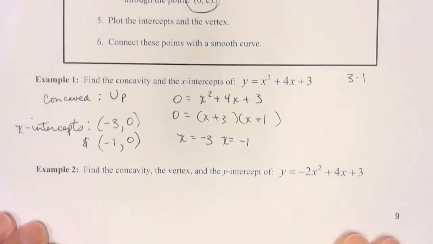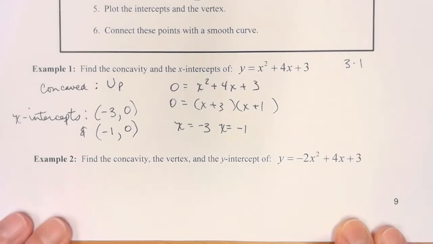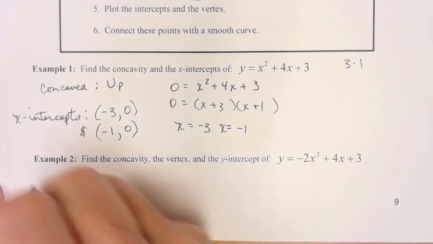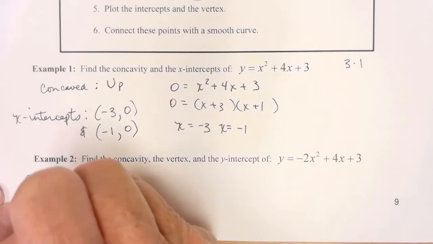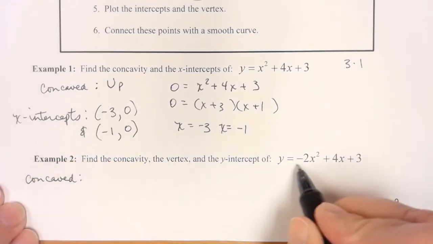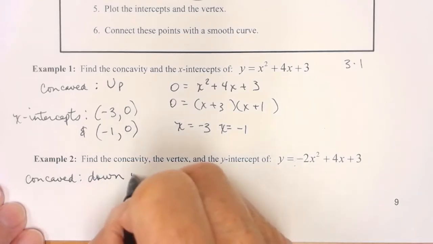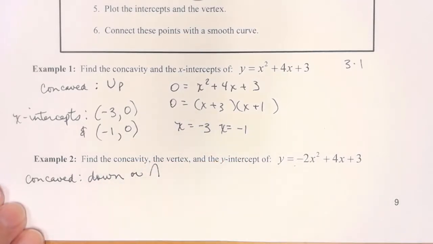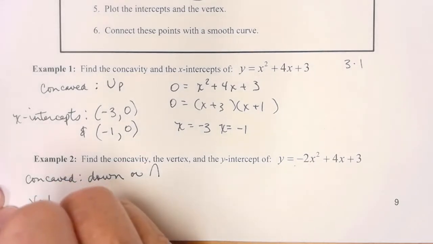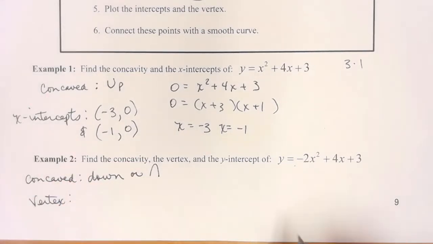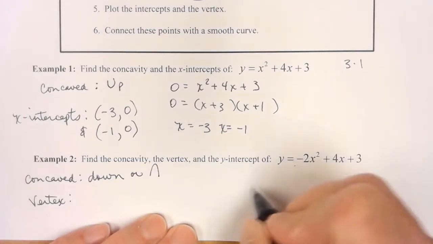are -3, 0, and -1, 0. One more for this video. Find the concavity. There's my a value, concave down. Or check with your instructor, see what they want you to do. Vertex. I've got a formula for that.